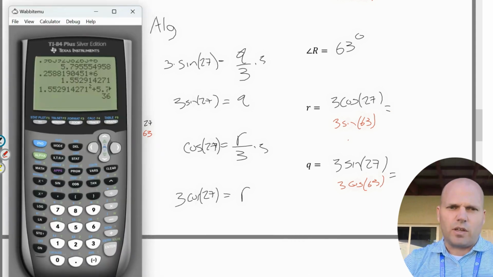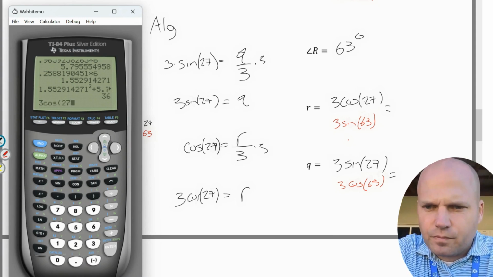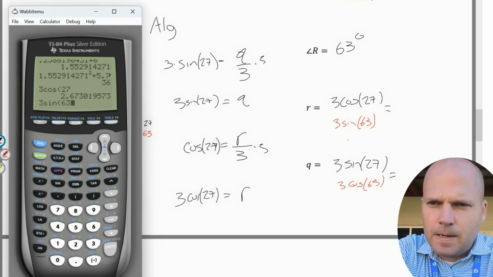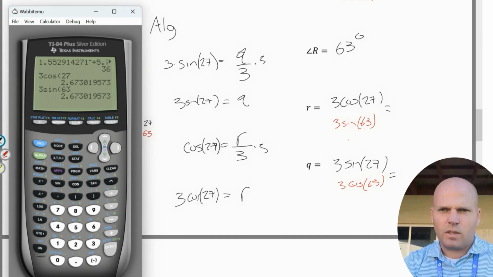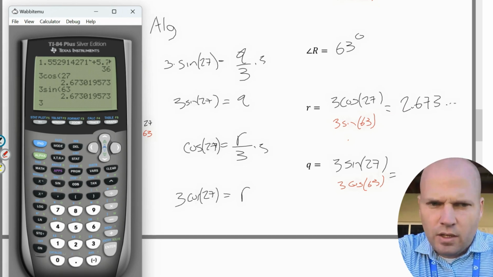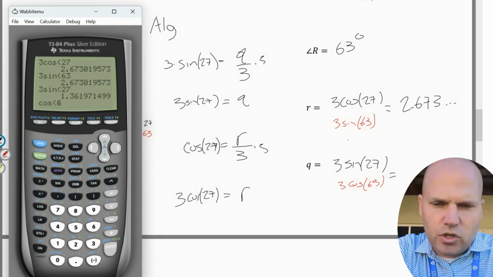So let's just do it really quickly. 3 cosine 27, which is the same as 3 sine 63. And then 3 sine 27 is going to be the same as 3 cosine 63 because it's in the same triangle.